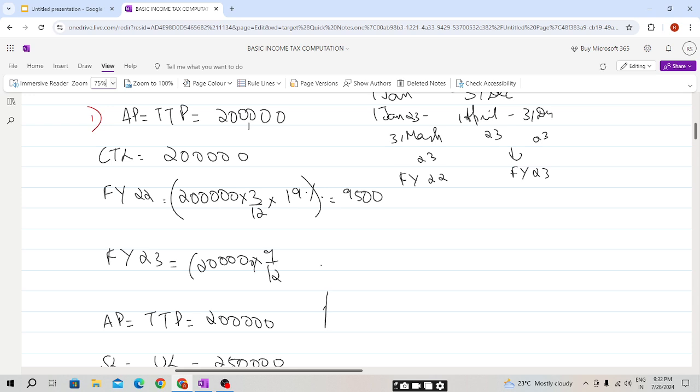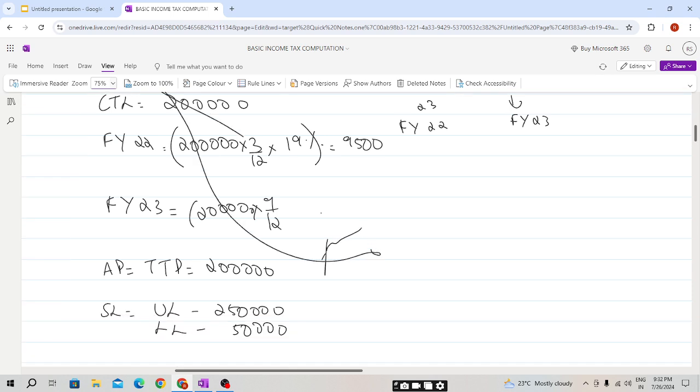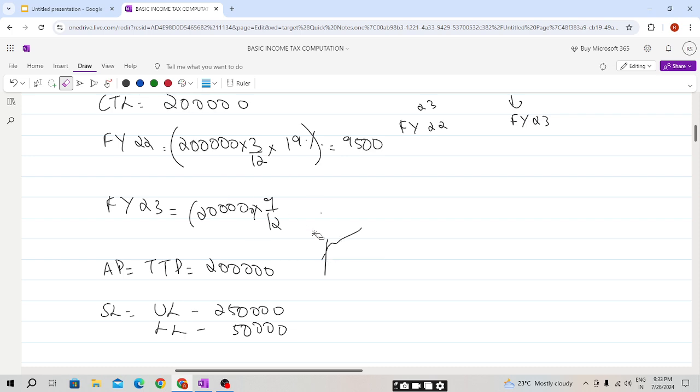So the upper limit and the lower limit will be divided by 5. So it will be 250,000 divided by 5, 50,000, and 50,000 divided by 5, 10,000. So this will be the upper and lower limit, students.